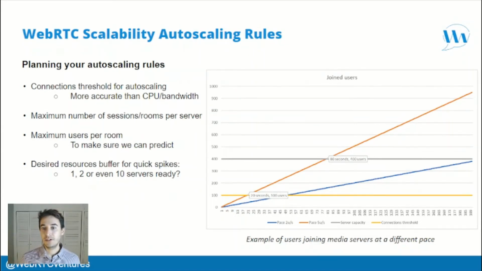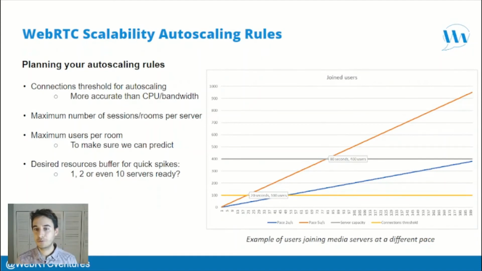So our limitation in this case, we can visualize it in the chart. Our limit or maximum capacity would be 5 users per second, because that would mean that by when we reach the server capacity, which is 400 users, the gray line, it would have passed just exactly 60 seconds, and we would have another server available.